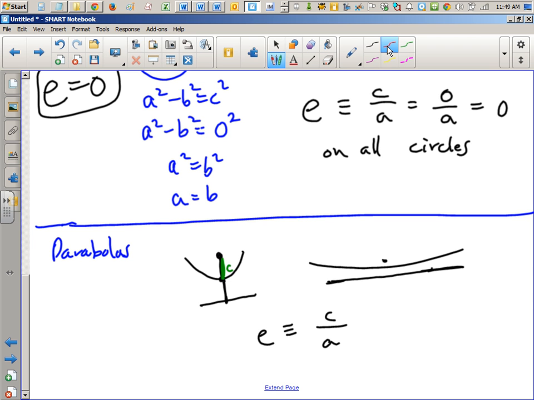And then, remember, A stands for like center to vertex. There's no center. These are the same, I guess. There's not really a C or an A on a parabola in the same sense as there is on the central conics, the circle and the hyperbola. So basically what we end up with on this is 1. And this is for all parabolas.